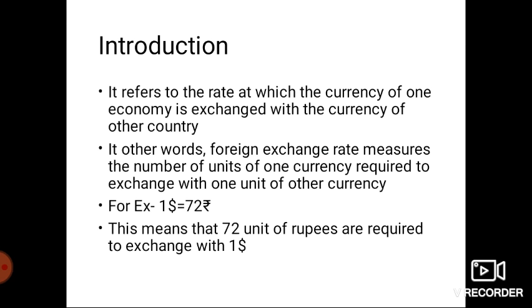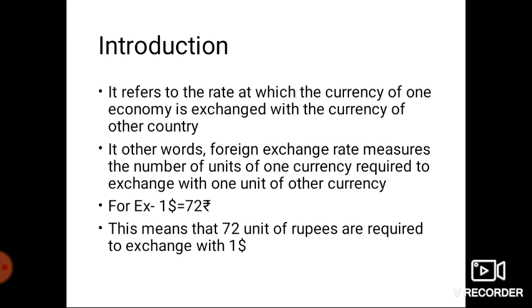Individuals, or firms, or government, or banks, or other financial institutions, these are not banks, these are called NBFCs, non-banking financial corporations.